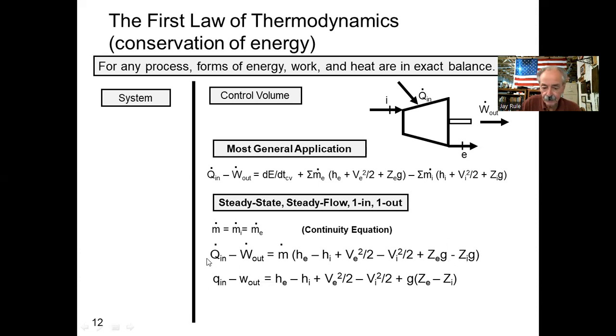And then if you divide all of this by the mass flow rate, m dot, you get the textbook statement, little q in, kilojoules per kilogram, minus w out, kilojoules per kilogram, equals delta little h plus delta little ke plus delta little pe.